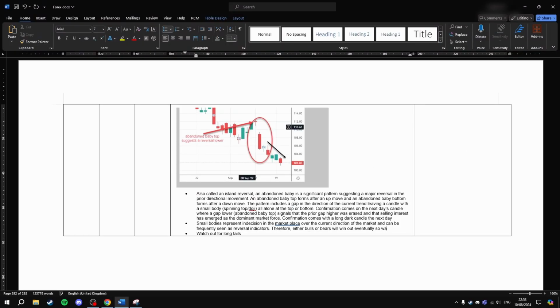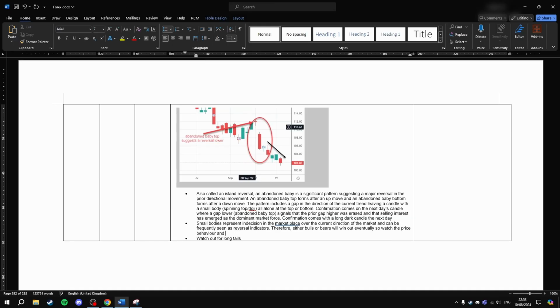So watch the price behavior and be prepared.